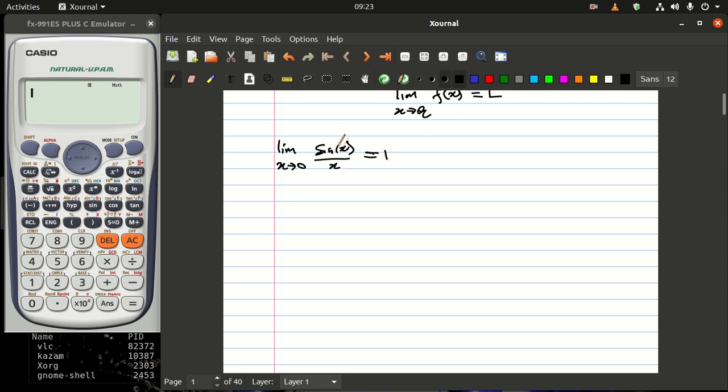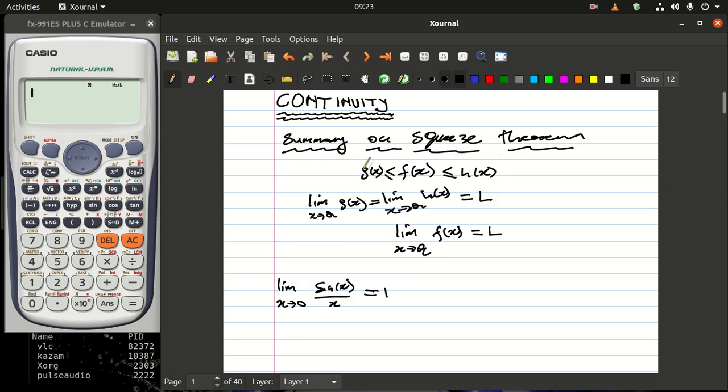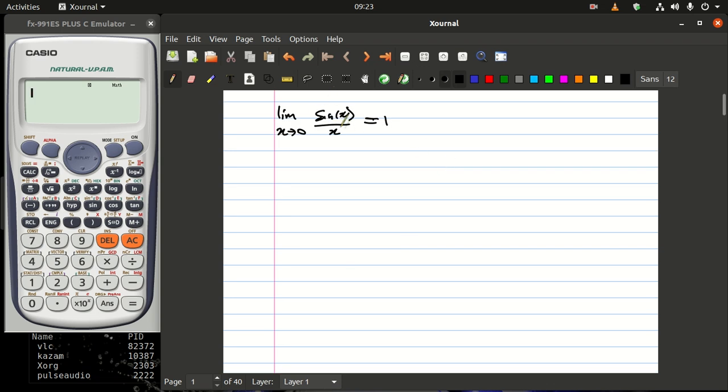And of course, to prove this, you need functions that are actually bounding this function f of x.